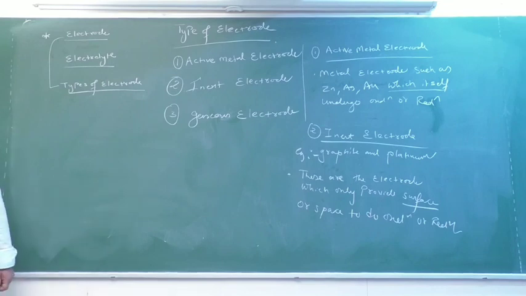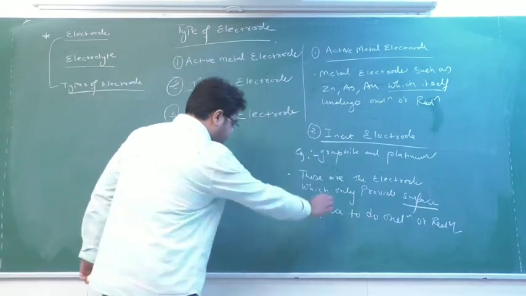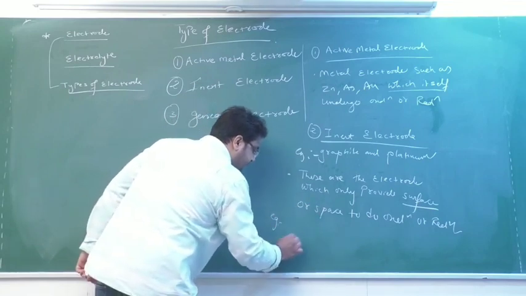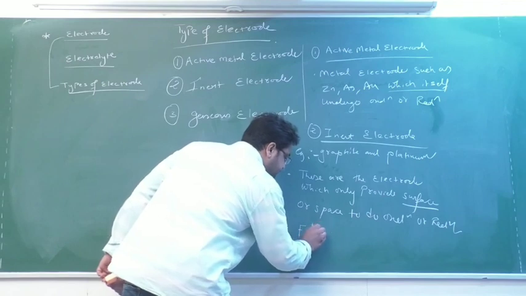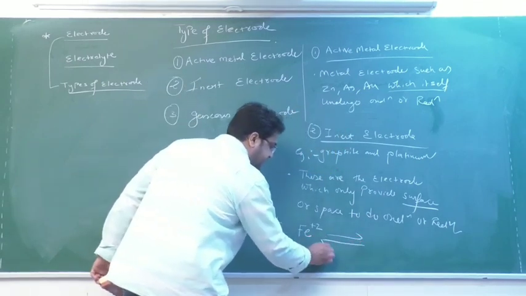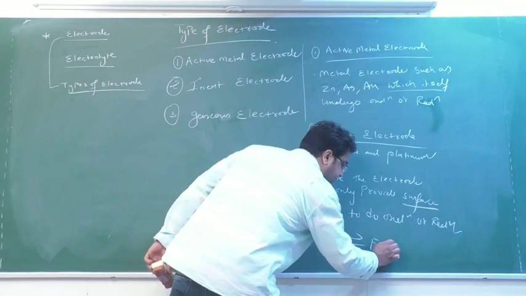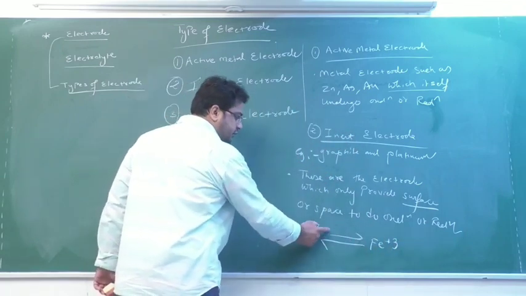Okay. So I will write down one example here for better understanding. See the example. If I have Fe2+ converted into Fe3+, first I am giving this equilibrium reaction.